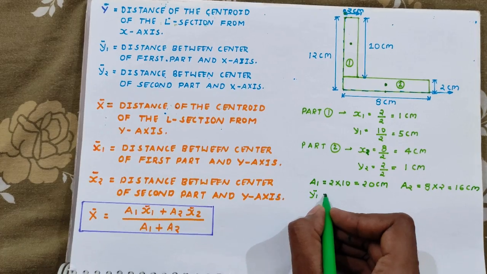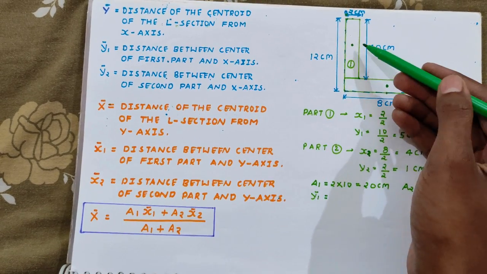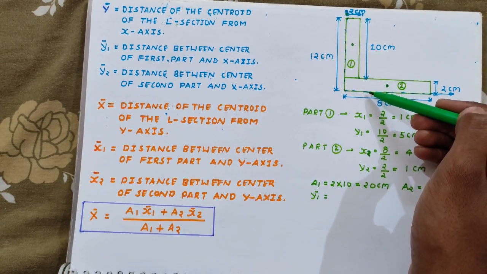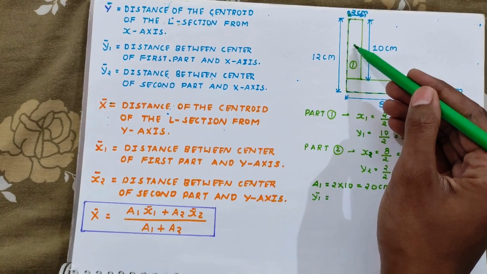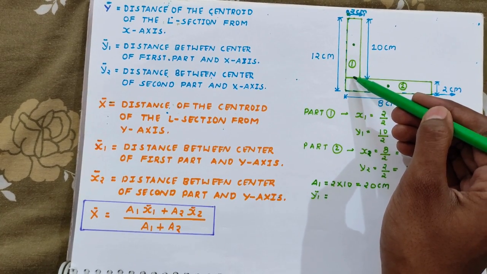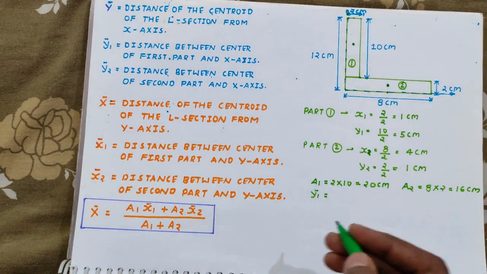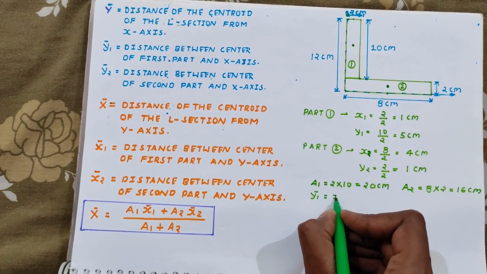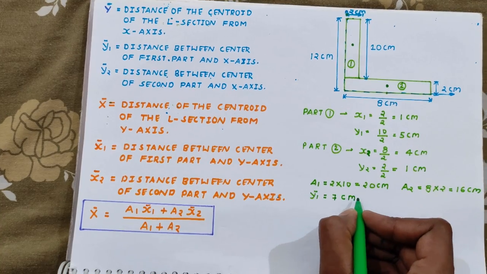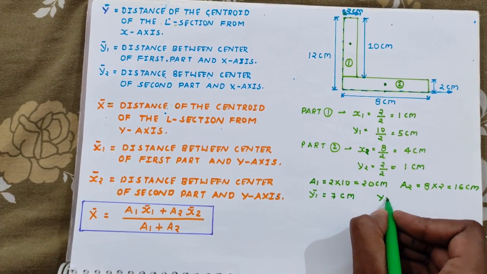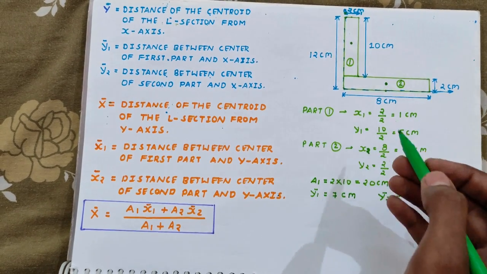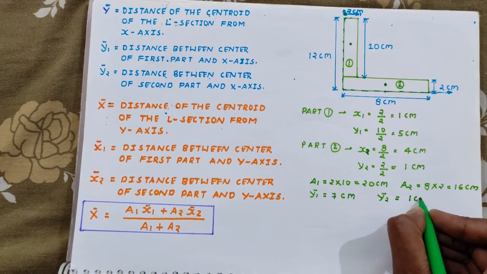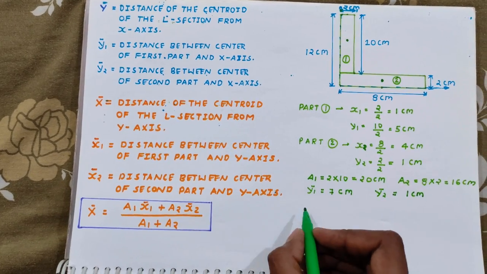Y1 bar, we know, is equal to the distance from the center of the first figure to the x-axis. So this is 2 centimeter and this is the center of the first figure. So this length is equal to 5 centimeter. So 5 plus 2 equal to 7 centimeter, and y2 bar, this distance, is simply equal to 1 centimeter.